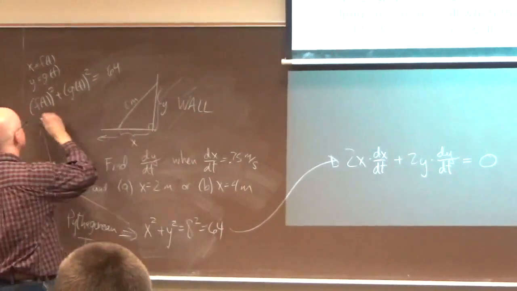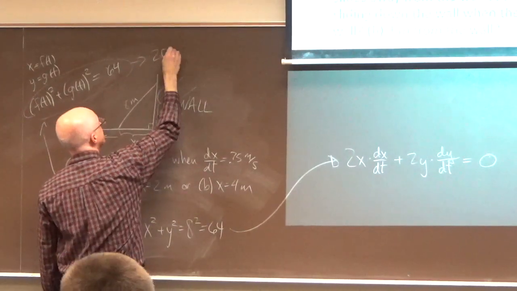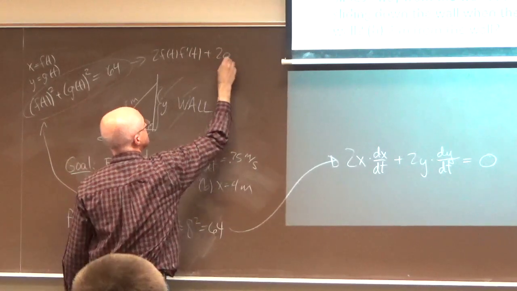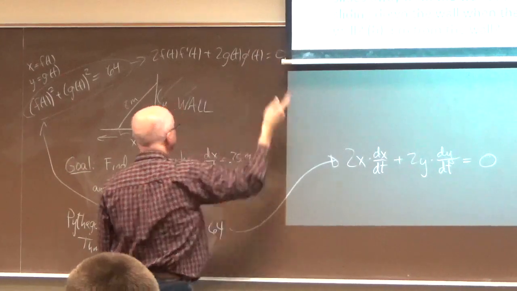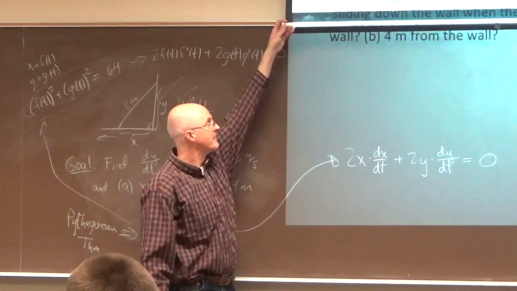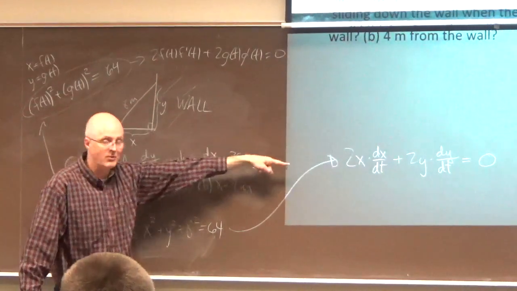If I was using this notation here, I would write it as 2 f of t times f prime of t plus 2 g of t times g prime of t equals 0. That would be okay as well. Either way is okay, and perhaps this method is less confusing, but that's more traditional.